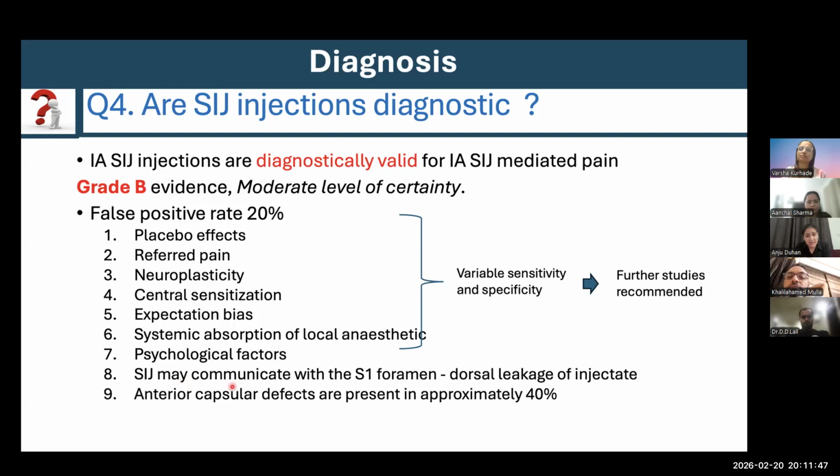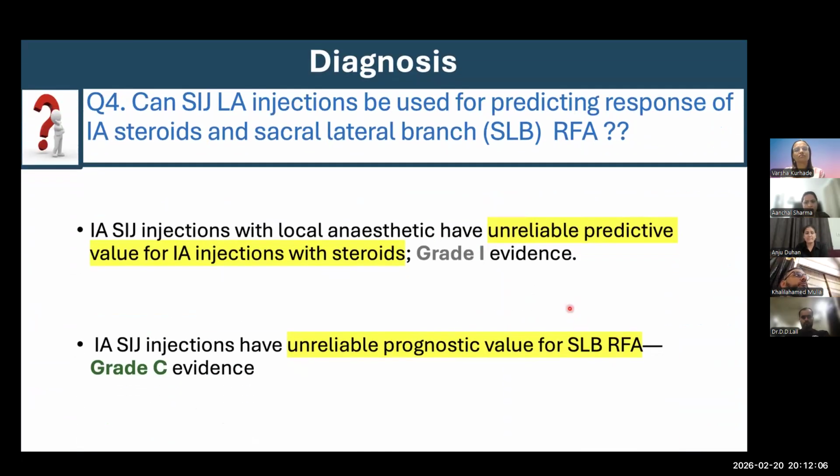Furthermore, SIJ may communicate with the S1 foramen leading to the dorsal leakage of the injectate, and there can be anterior capsular defects in approximately 40% of the patients. Considering the false positive rate of 20%, further studies are recommended to validate the diagnostic criteria.